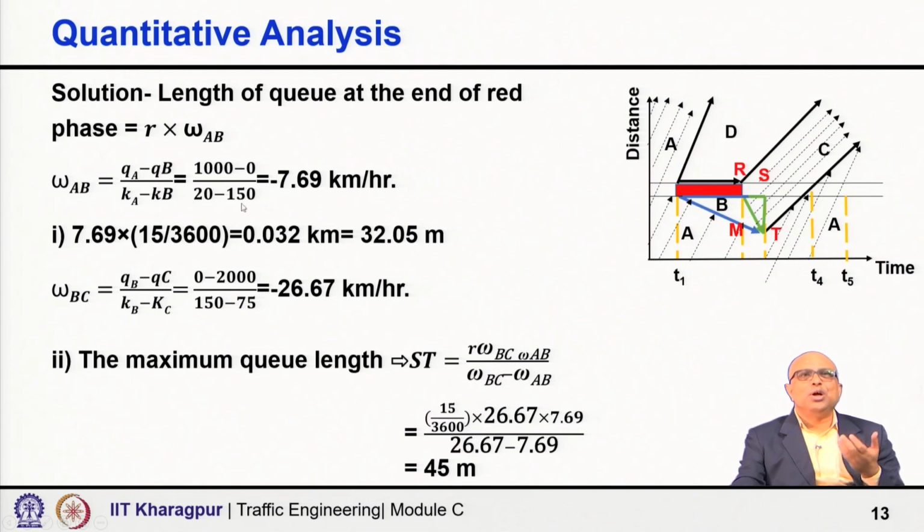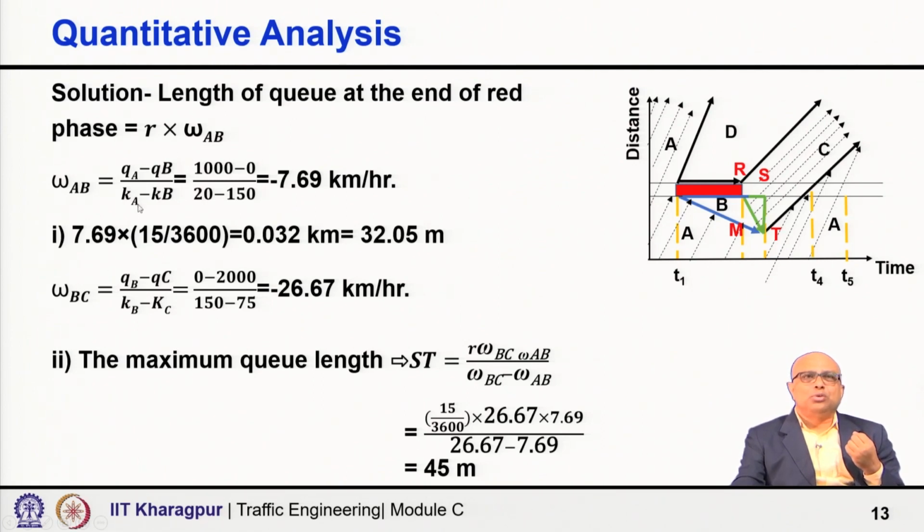Put that value, and we can calculate the speed of the shock wave which will get formed at the meeting point of traffic states A and B. That speed is minus 7.69 kilometers per hour, minus because it is moving backward, opposite to the direction of the traffic flow, and it is a forming shock wave, forming that congested condition.